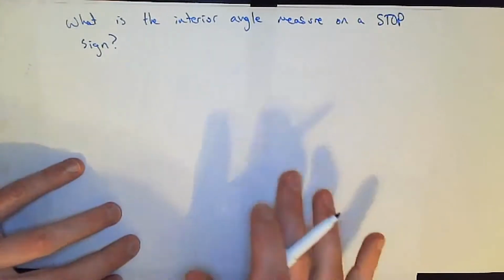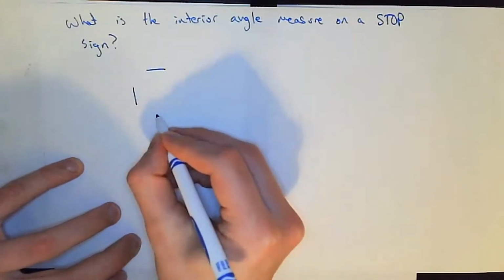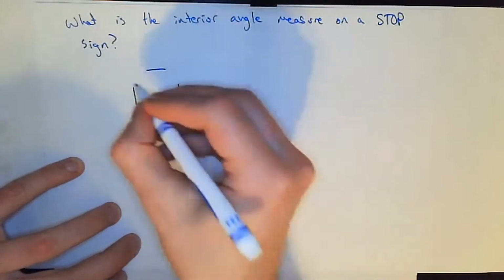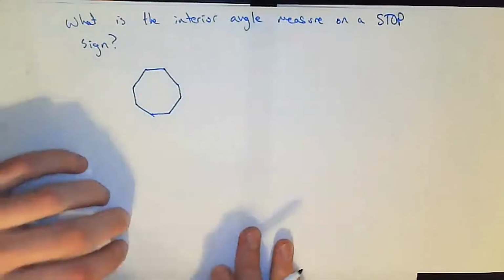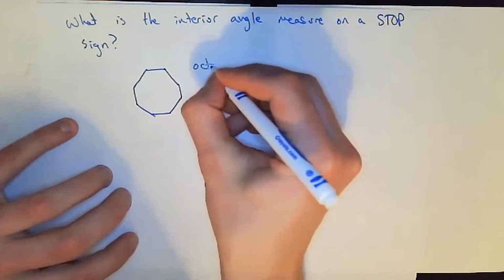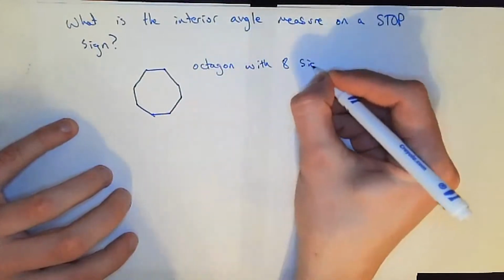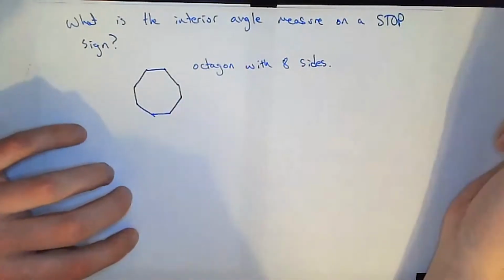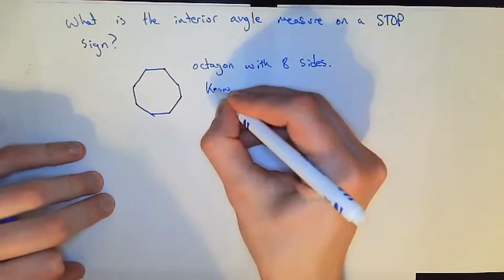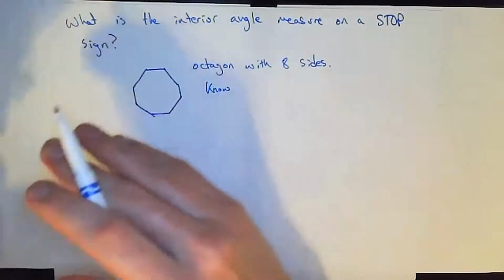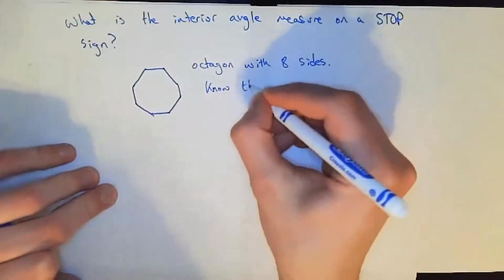So I know a stop sign is an octagon. It's 8 sides. That's what an octagon means. And since it's a stop sign, I know that all angles are equal because it's not some crazy weird shape. All the side lengths are the same here and all of the angles are equal. So I know that.